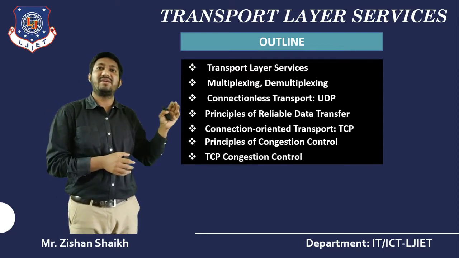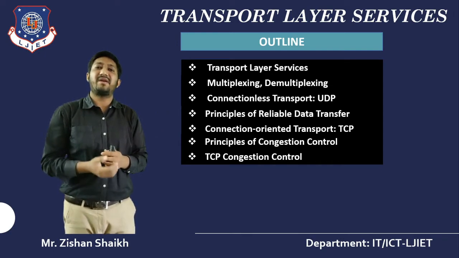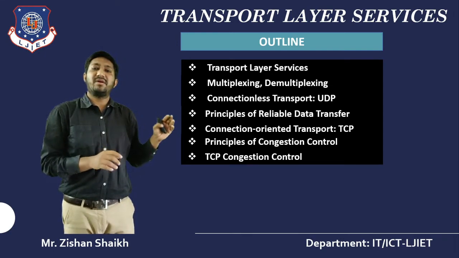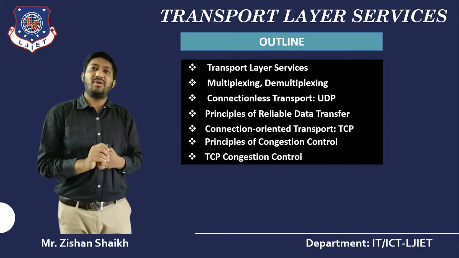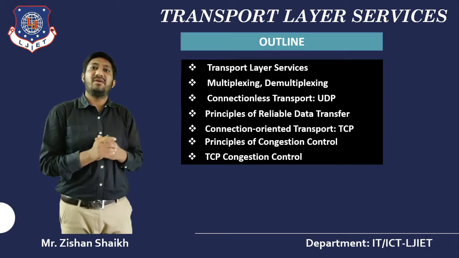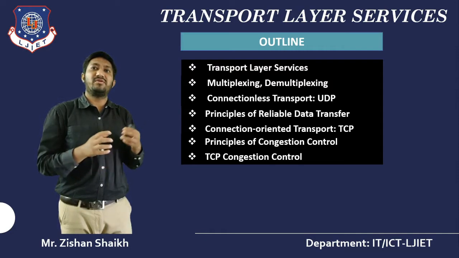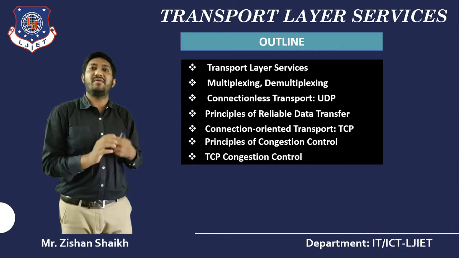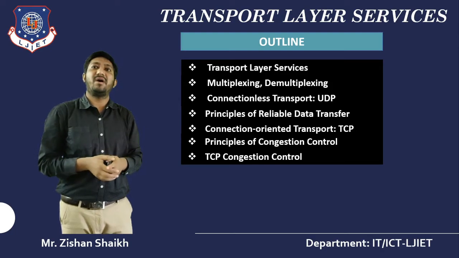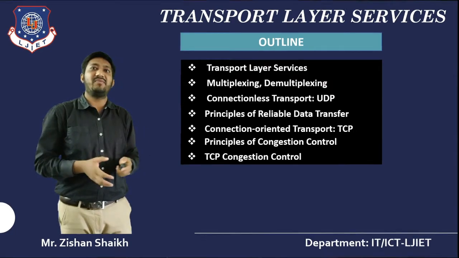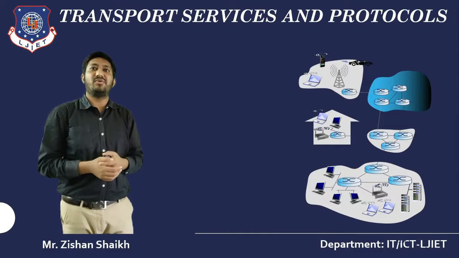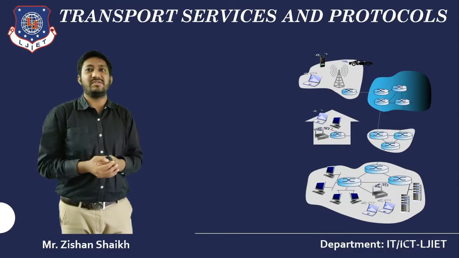Then we will understand the concept of reliable data transfer. Then the TCP protocol, and then congestion control, what protocols are used to solve the congestion problem, along with different algorithms. So let's start with our first topic, transport layer services.